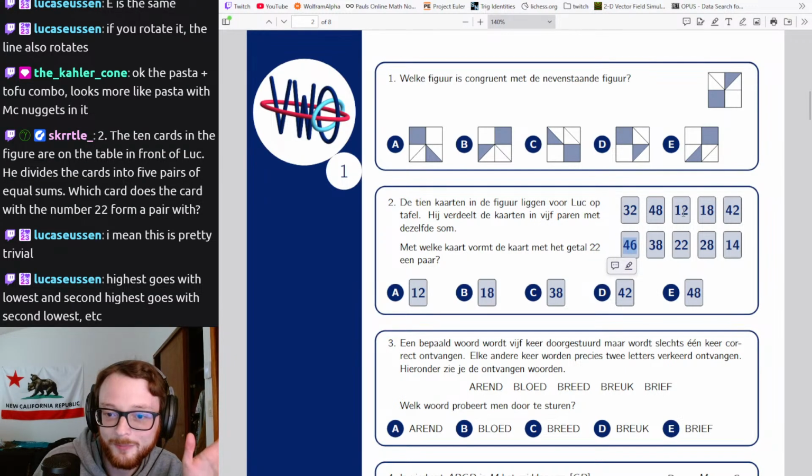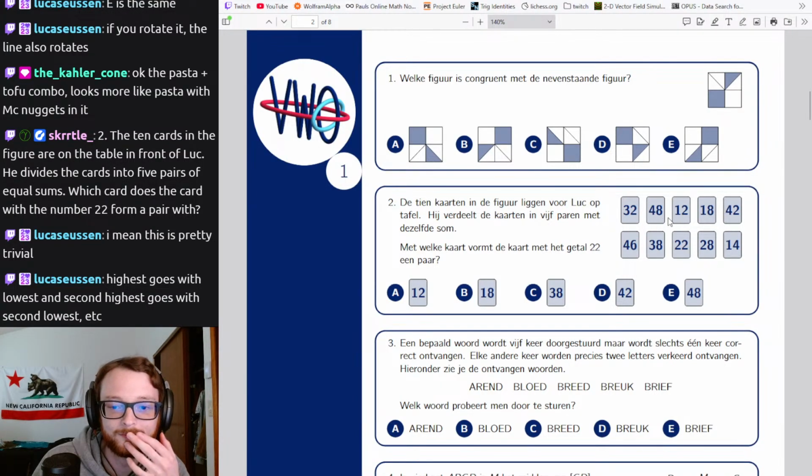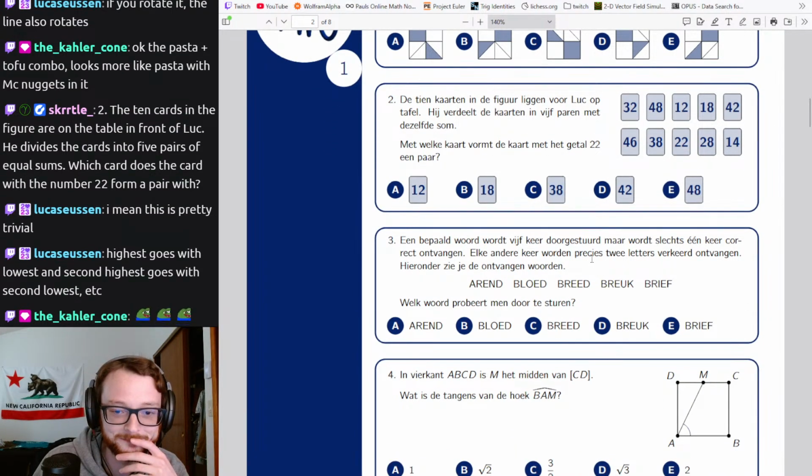That's what I thought. 48 then would go with 12, which is 60. 46 would go with 14, which is okay. So that's what was confusing me. I thought the organization with rows meant something, but it doesn't. Okay, so 22 goes with 38. Now that I know what the question is, that's not that bad.